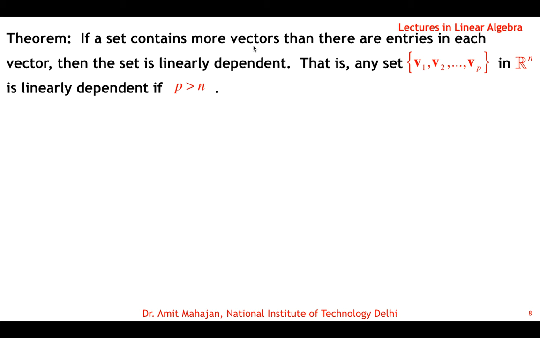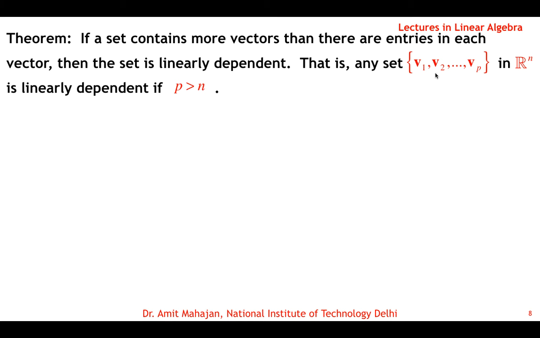That means v1 is a vector in R2, v2 is a vector in R2, and v3 is a vector in R2, so there are more vectors than entries in each vector, because v1 in R2 contains only two entries, and v2 will have only two entries. So if I take three vectors in R2 space, then the set of those three vectors must be linearly dependent.